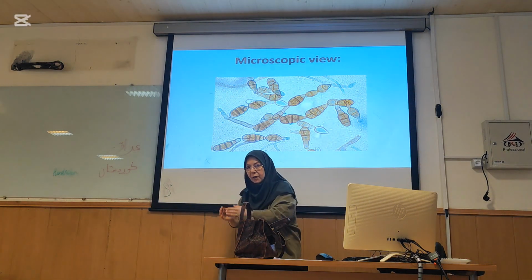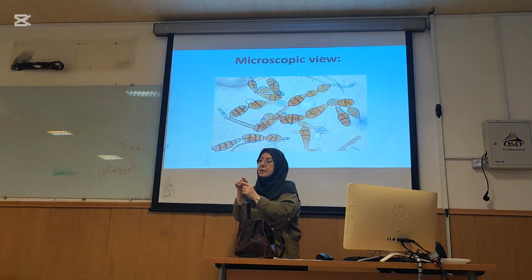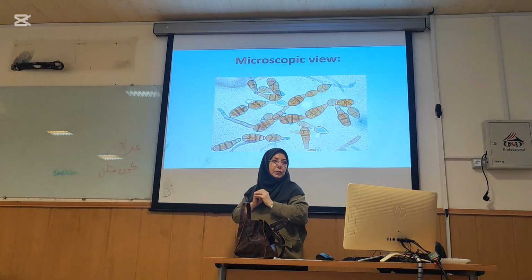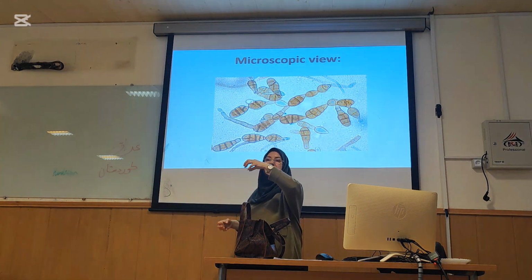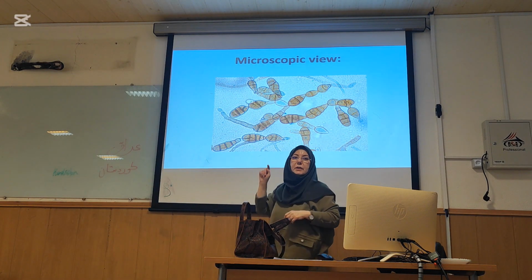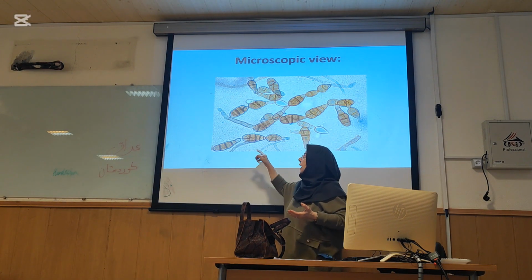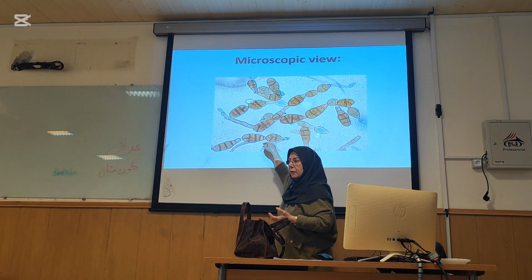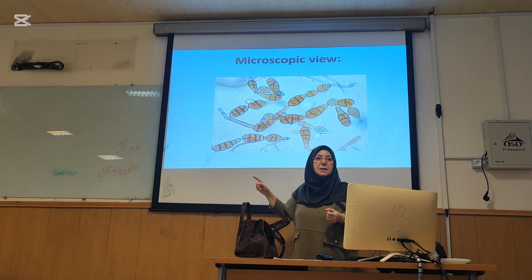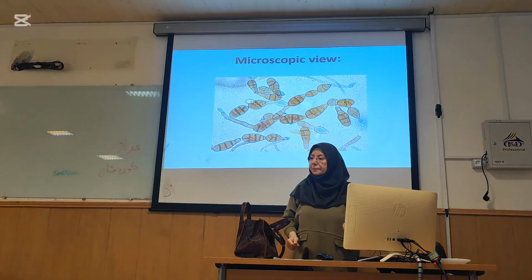You have one septated hypha, and the chain of macroconidia attached together can be separated. If you see one macroconidium under the microscope, because of the brown color and multicellular form, you can say that this fungus is Alternaria. It's very similar to a blackberry. Okay.